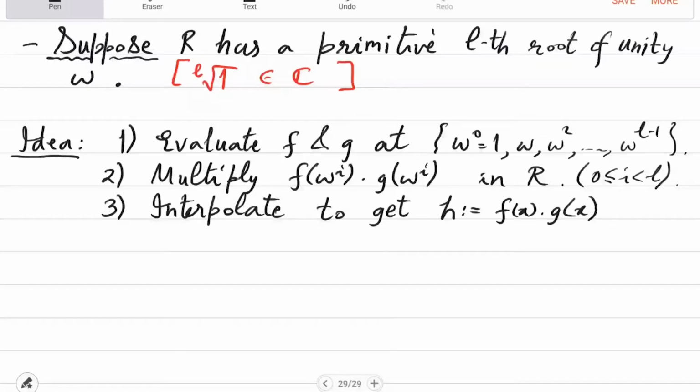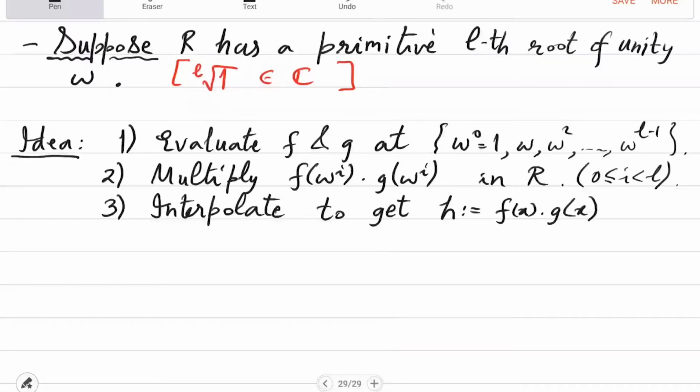So L many R operations, and then you have to do this 2L many times, because f at L points, g at L points, so this is L square, right? So there is no progress, it seems, because the coefficients of f are arbitrary. So those arbitrary multiplications you have to do.